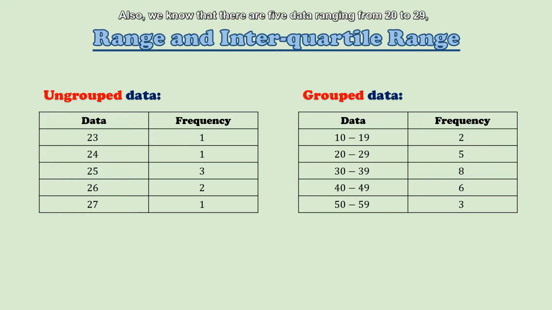Also, we know that there are 5 data ranging from 20 to 29, 8 data ranging from 30 to 39, 6 data ranging from 40 to 49, and 3 data ranging from 50 to 59. That means for a set of grouped data, we know the distribution of the data, but we do not know exactly the value of each datum in this dataset. For ungrouped data and grouped data, we have different ways to calculate the range and the interquartile range.